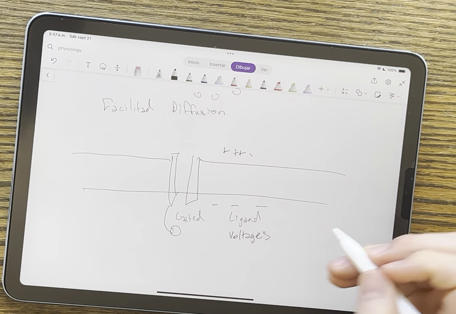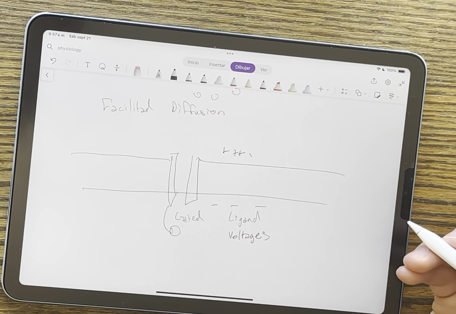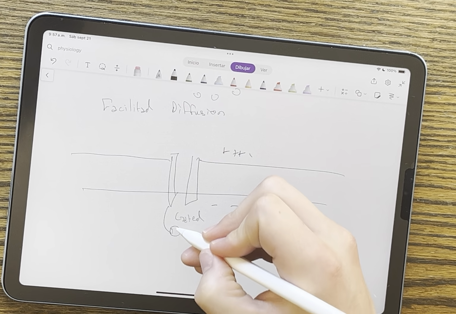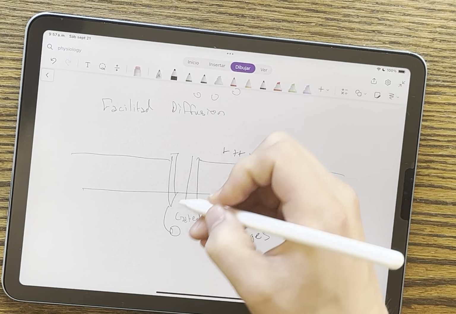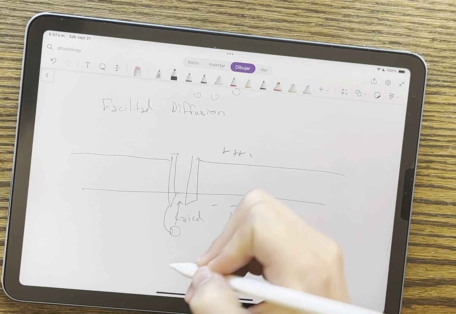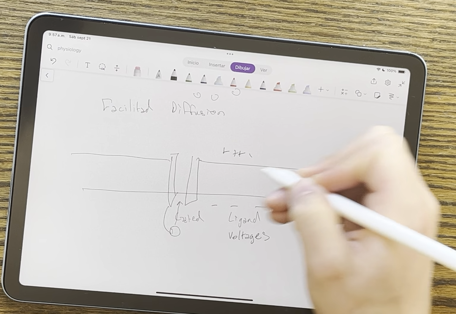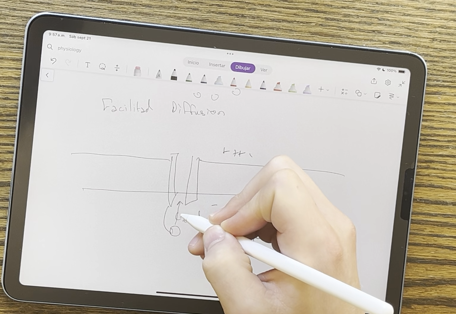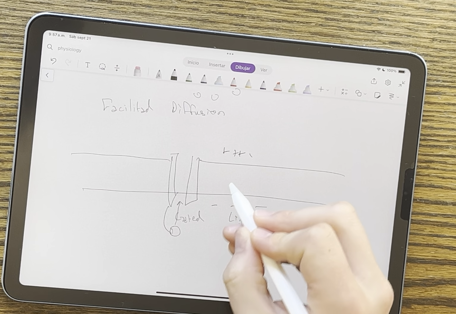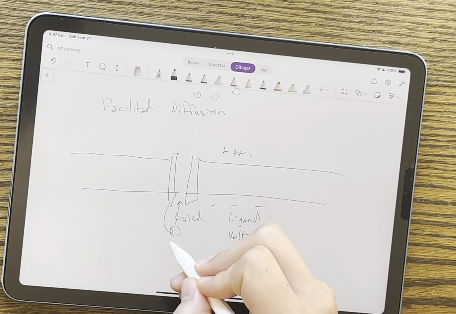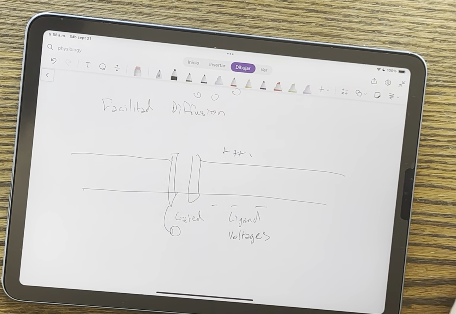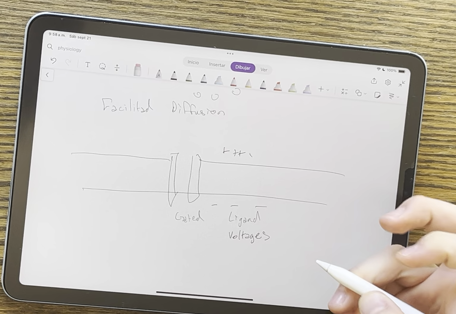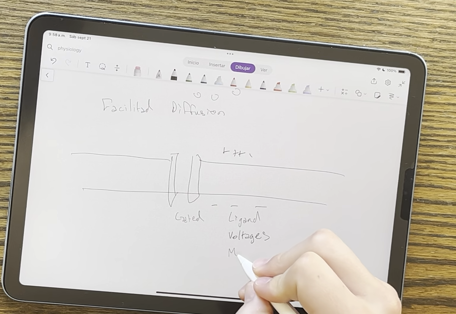To be non-specific, let's say it's attracted to a positive charge. When the cell is more negative and the outside is more positive, it's going to close. It's going to come in towards the positive and clog this channel. However, when the charges are more equal or negative, it'll float out and allow the right ions to flow through. We also have mechanical gates.